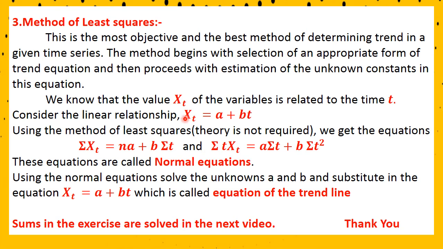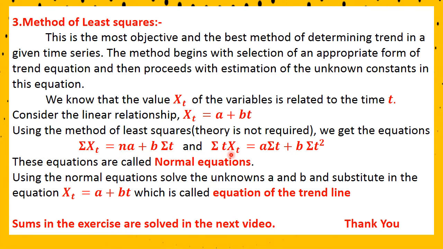And then first multiply the equation by t and then find the sum of the values. Then you will get sigma t xt is equal to a into sigma t plus b into sigma t square. Here n into a comes because a is taken n times, so a plus etcetera plus a, n times, is n into a.